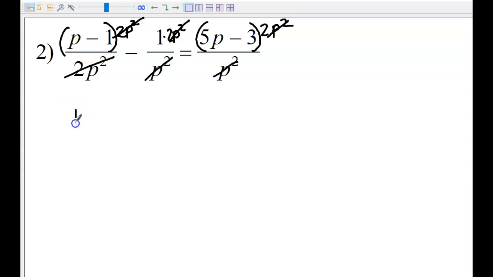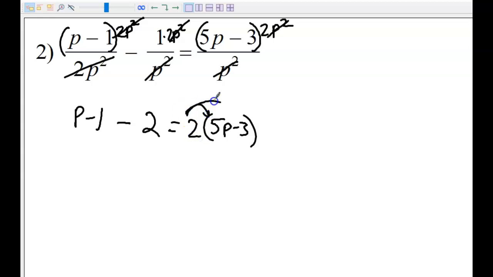So on the one here on the left, I'm left with this minus. Here I have 1 times 2 left, which is 2. And here I've got 5p minus 3, and then I still have a 2 on the outside there. I'm going to put it in the front. So we'll distribute, combine those together as well, and we'll start solving.